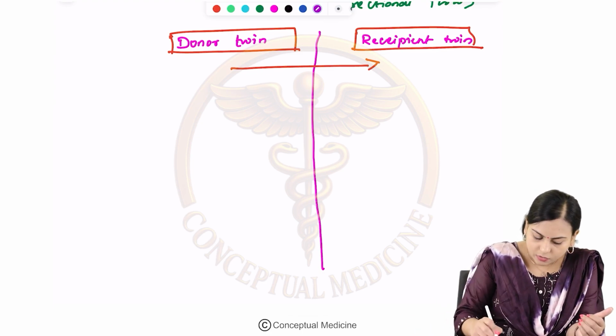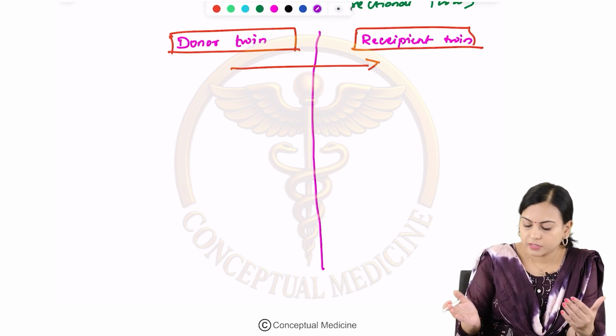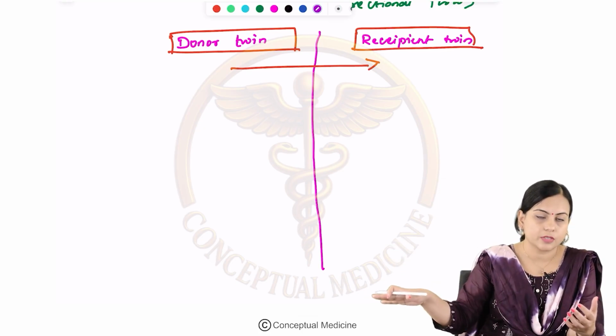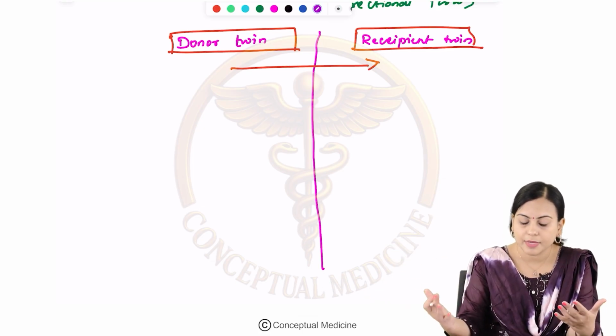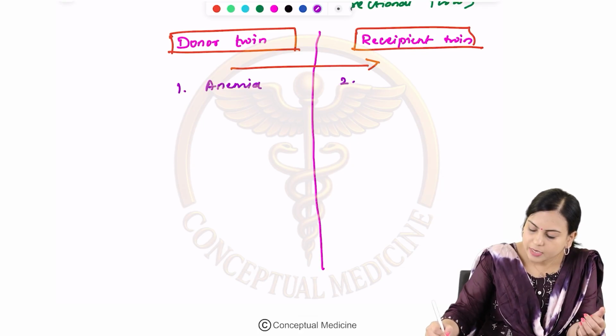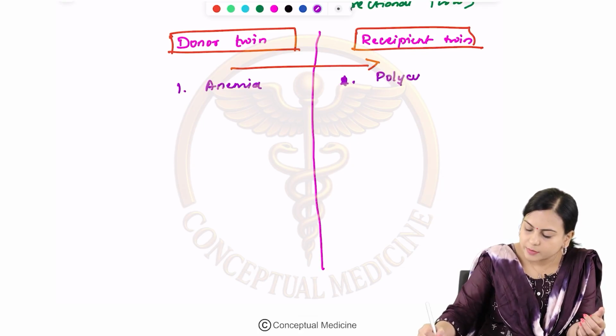Okay, so what is happening with the donor twin and recipient twin? Donor twin is going to pass down all its blood to the recipient twin. So what is going to happen? There will be anemia in donor twin, whereas there will be polycythemia in the recipient twin.